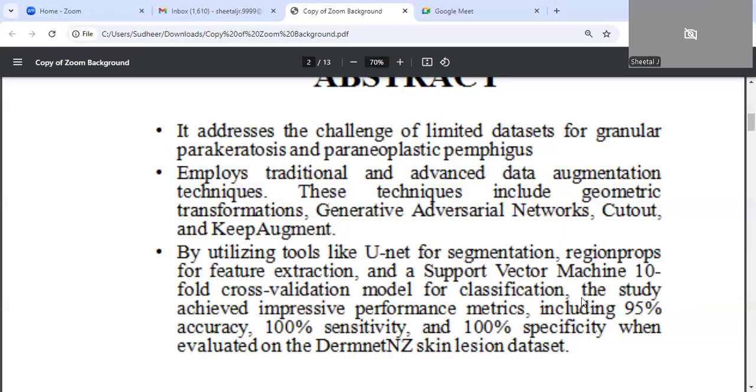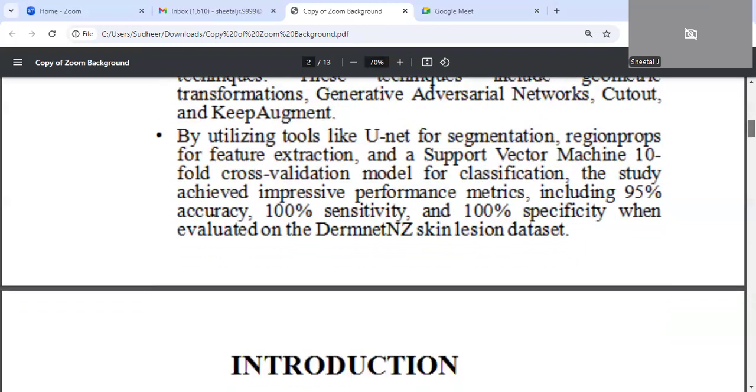For feature extraction, the regionprops technique is chosen, and for classification, again an ensemble model, an SVM tenfold model, is chosen. When done, we saw that it achieved an accuracy of 95%, sensitivity of 100%, and specificity of 100%. The entire implementation is applied on images taken from the DermNetNZ dataset.